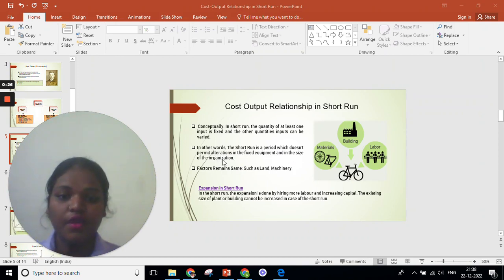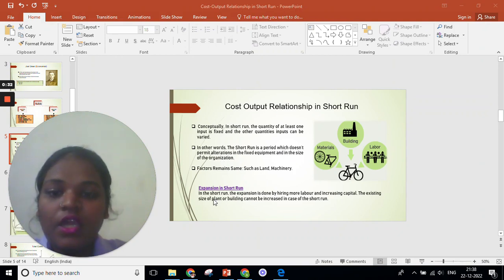Factors remain the same, such as the land and machinery, which are the fixed assets. Expansion in a short run is done by hiring more labor and increasing capital. The existing size of a plant building cannot be increased in case of a short run.